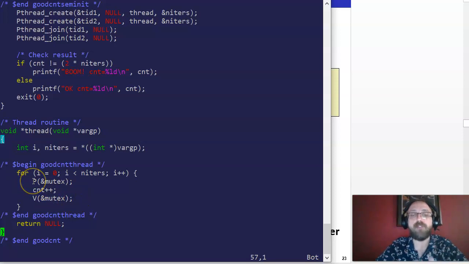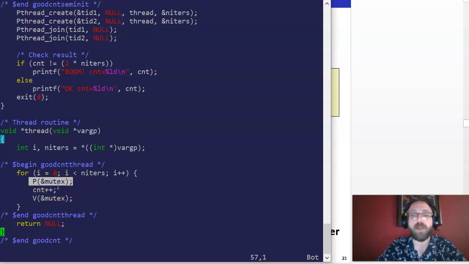So if the 2 threads were trying to run this at the same time, one thread would get a chance to do this P, which is atomic, meaning it can't be interrupted. Other threads can't do anything with it while that's happening. Then it would increment, then it would release. But if while it were in the middle of incrementing, the other thread tried to do that, this P operation would pause that thread because the semaphore's value is already 0.